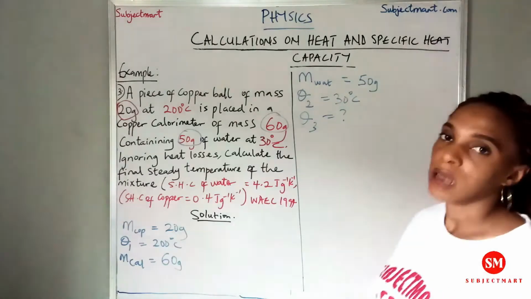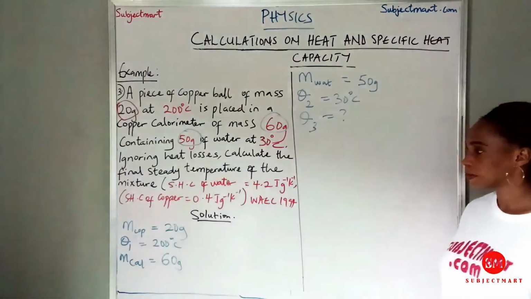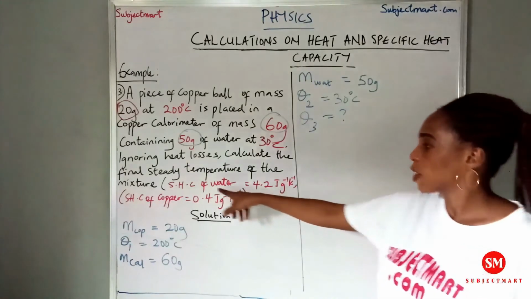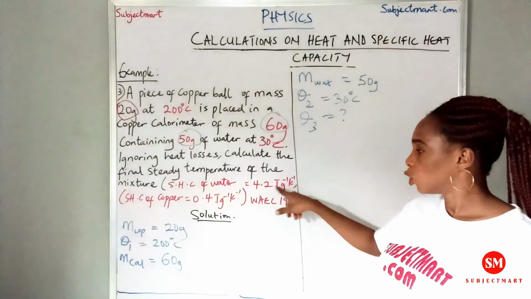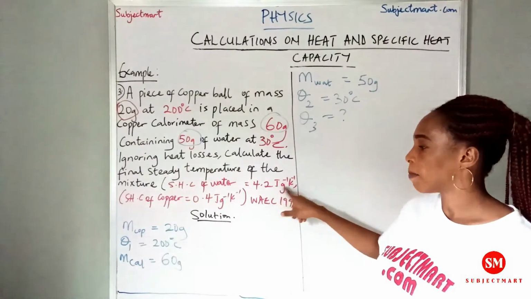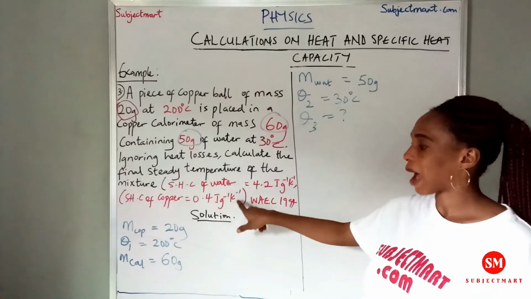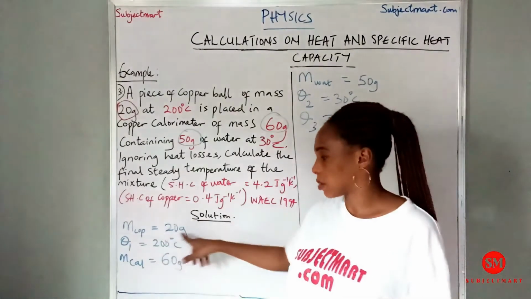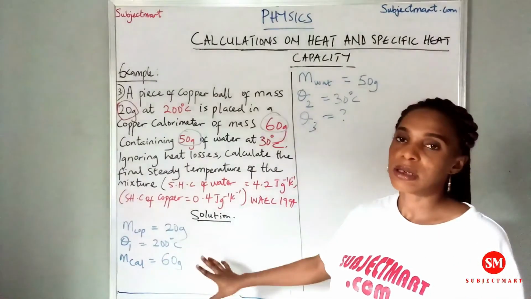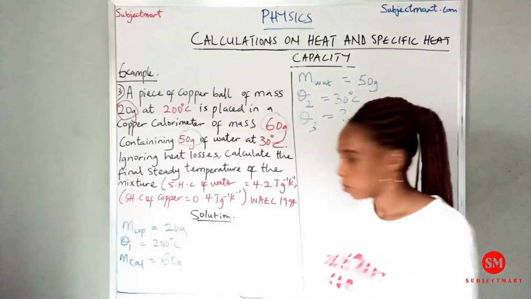One very important thing I'd like us to note from this question is this. Our specific heat capacity is given in joules per gram per Kelvin. That means the mass will be left in grams. We don't need to convert it to kilograms.